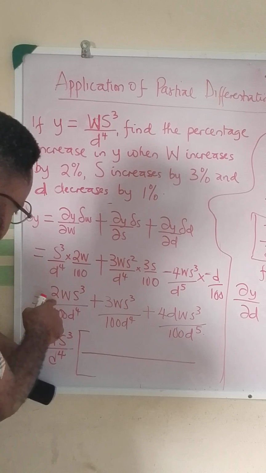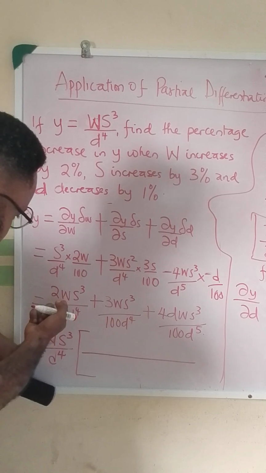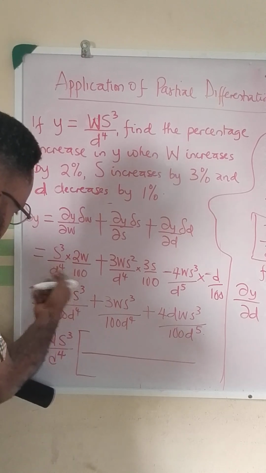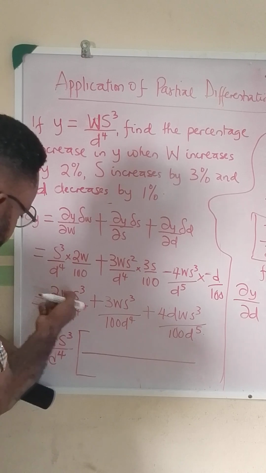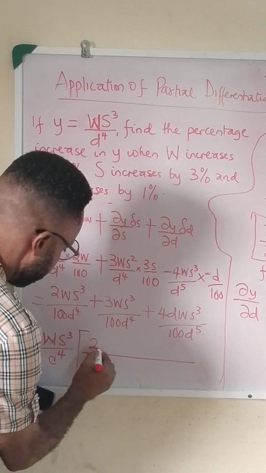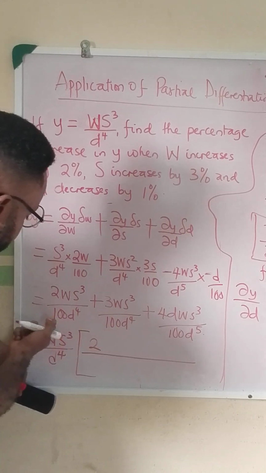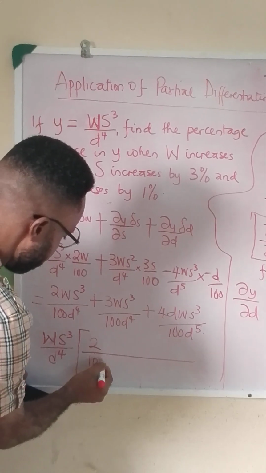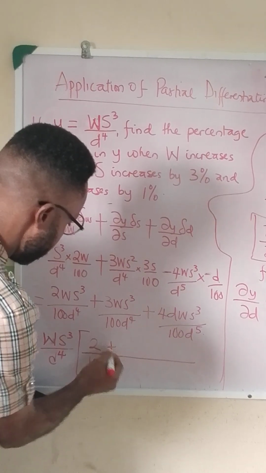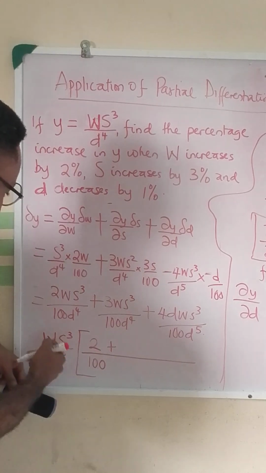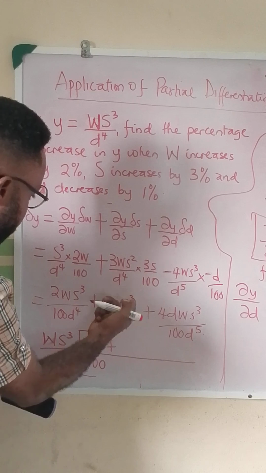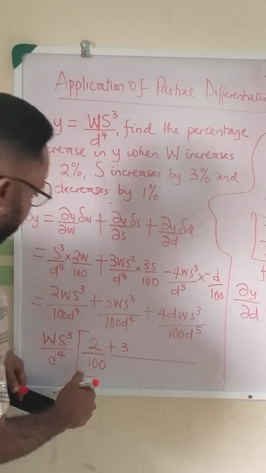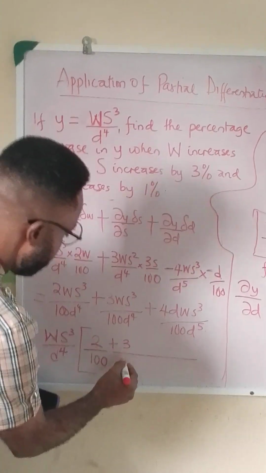If we bring out WS cube from here, what will be left is 2, and if we bring out D4 from here, what will be left is 100. Plus, if we bring out WS cube from here, what will be left is 3, and D4 leaves 100.